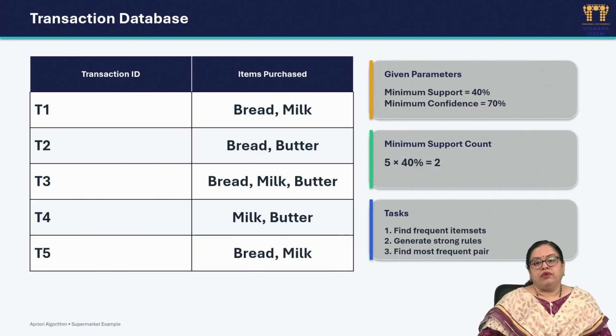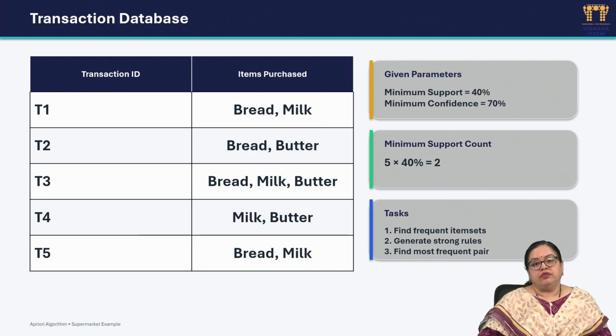Within these 5 transactions, we have to find the minimum support. In the previous example we directly wrote the minimum support count, and here we write both. Minimum support given here is 40%. From the minimum support, how do we get the minimum count? 5, the total number of transactions, times 40% equals 2.